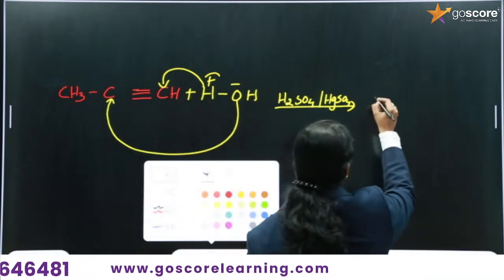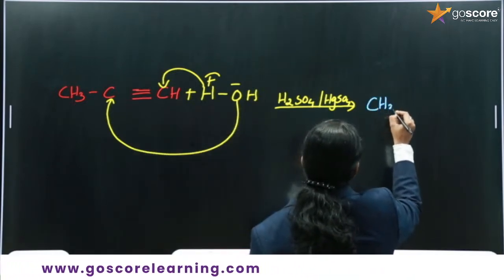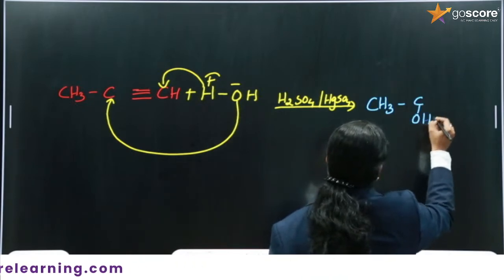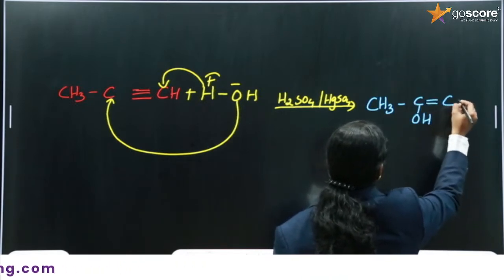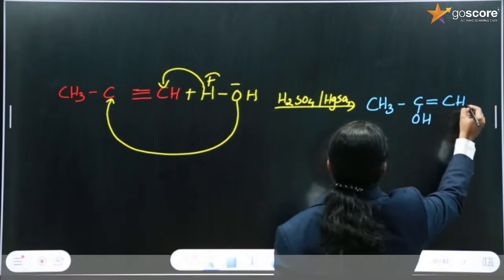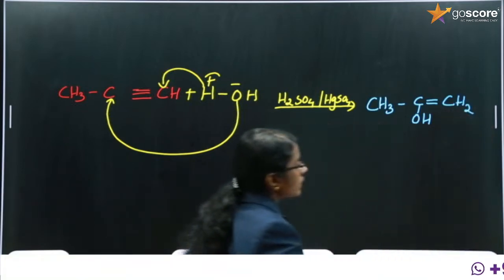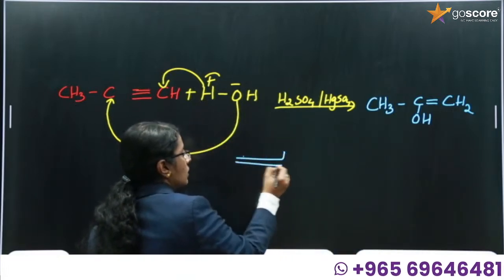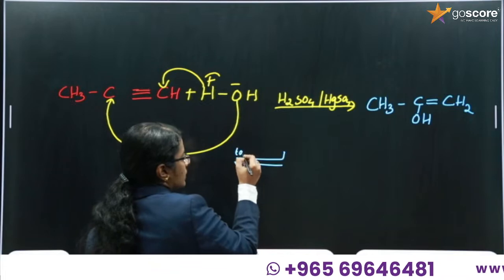So what do you get? CH3 C(OH) double bond CH2. So here also tautomerism will occur.